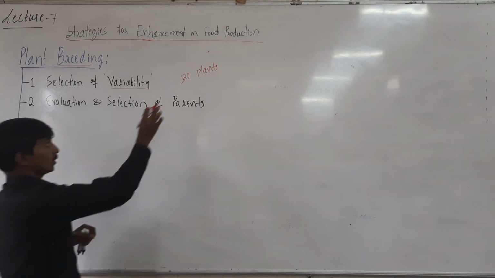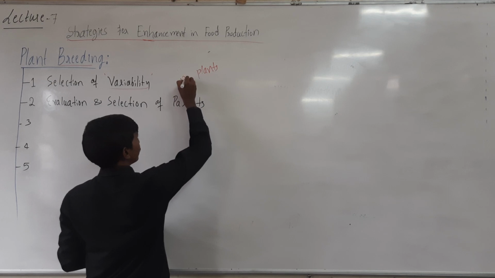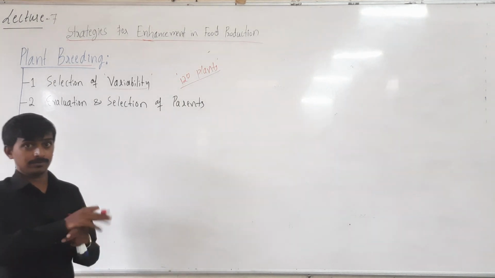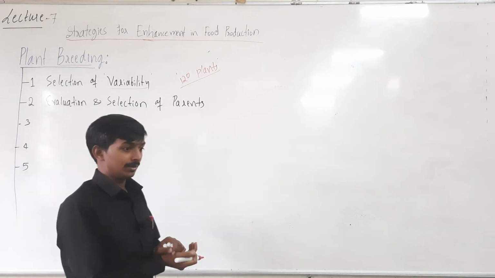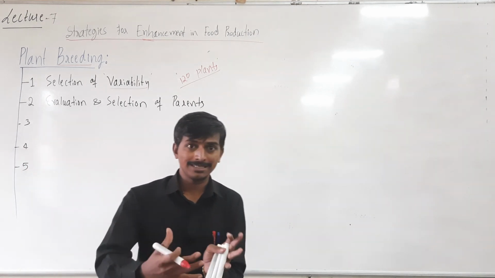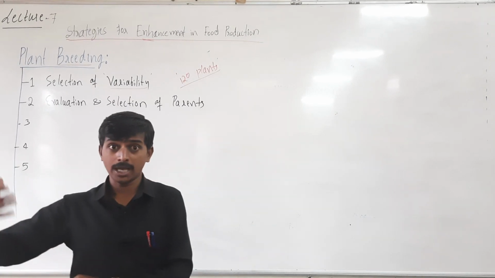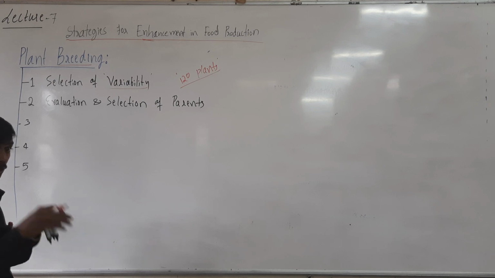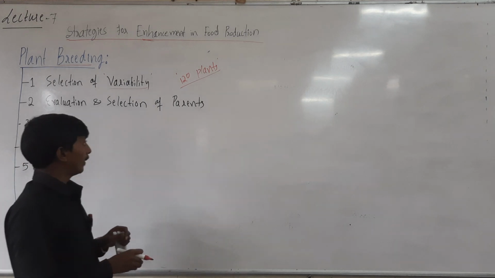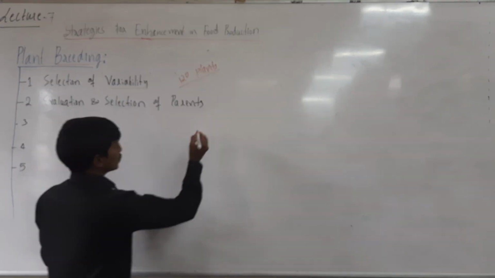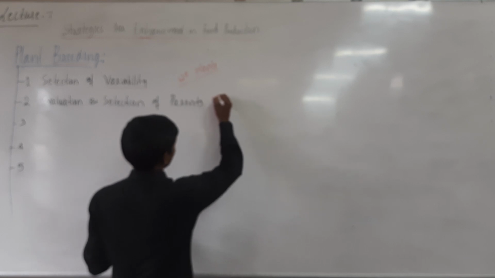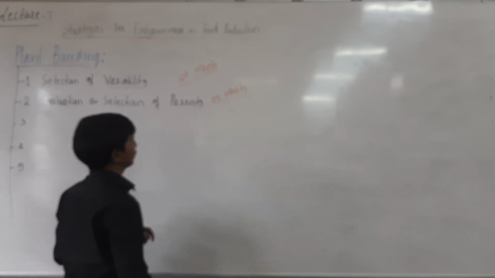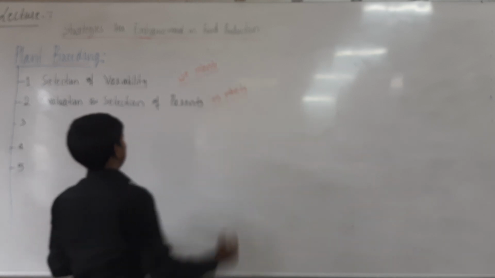Okay. Among these 120 plants, again we should select. Among 120, this 20 is good, next 20 is medium level, next 20 is high level. Like that, you should again screen them. Screening means choosing the better one. So, say I have chosen about 95 plants.